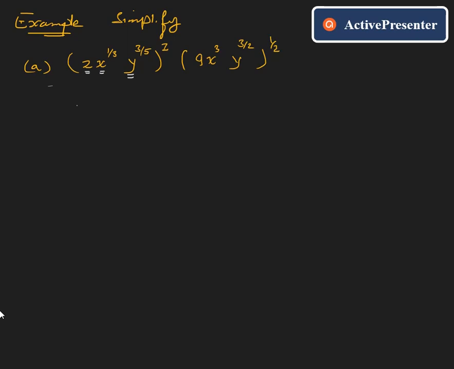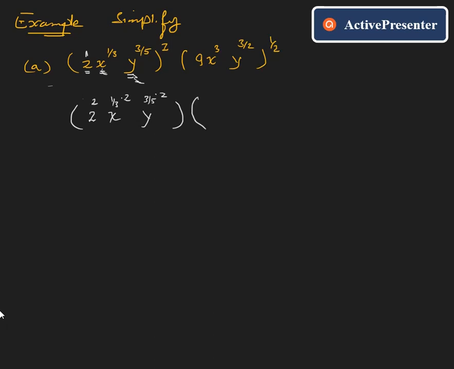This is equal to 2 to the power 2, because here is 1 multiplied in 2 is 2. The second base we have x to the power 1 over 3, so 1 over 3 multiplied in 2. The third base is y to the power 3 over 5, multiplied in 2, okay. Let's see the other part.